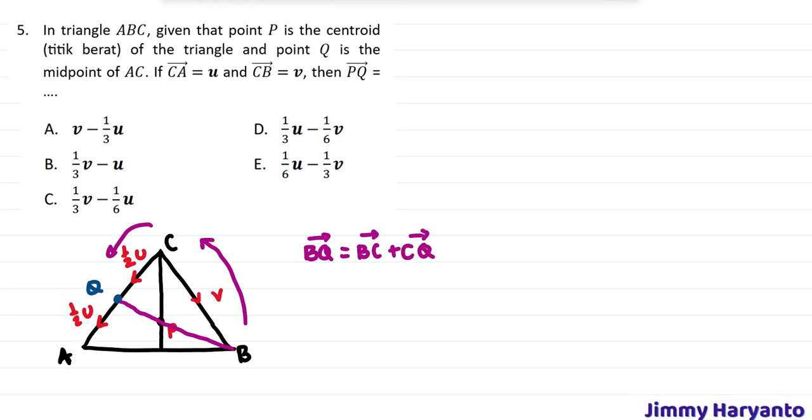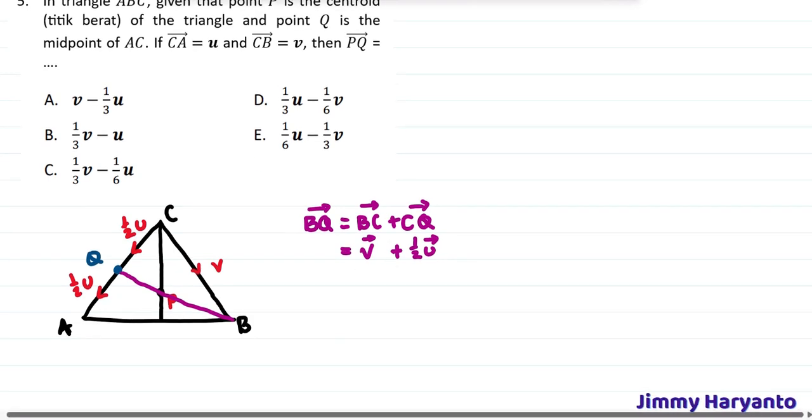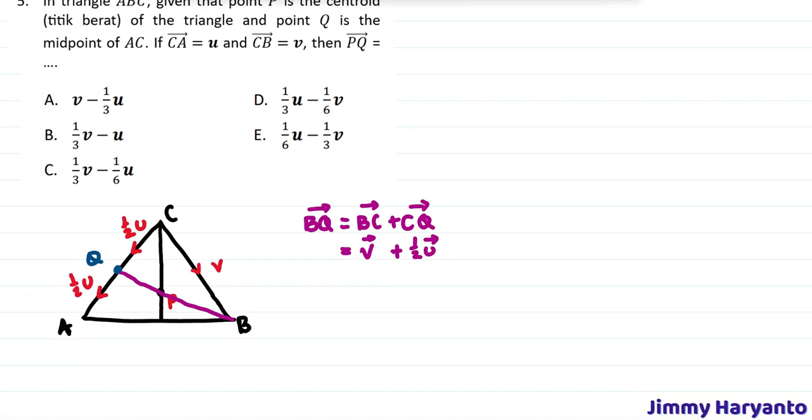Okay, so BC equals V and CQ equals half U. So we already have the vector of BQ. And then the important thing you have to know in the titik berat or centroid is the ratio of this segment is 1 to 2. It will always be 1 to 2. This one is 1, this one is 2.